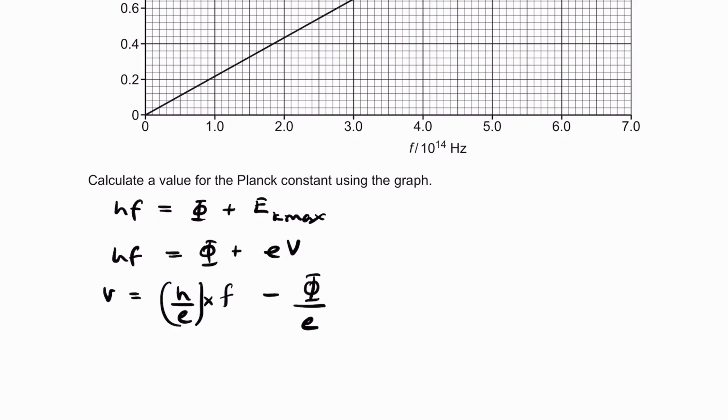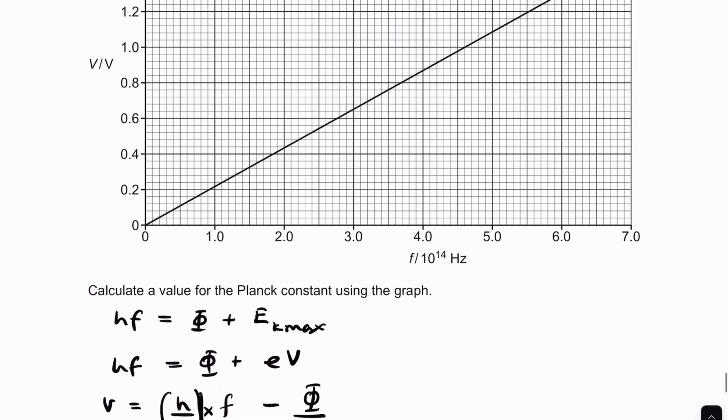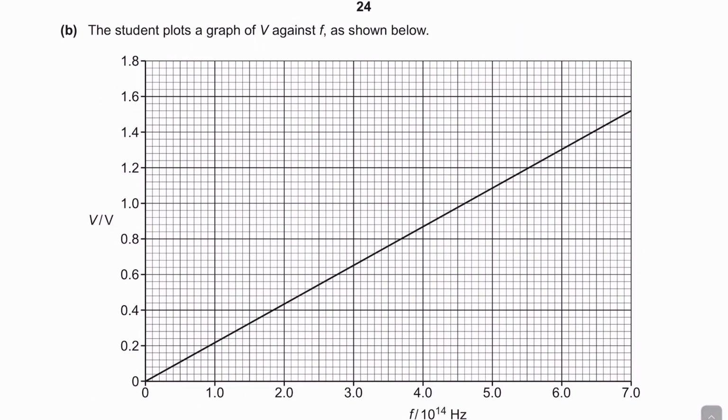So this is now in the form of y equals mx plus c, and we're only interested in the gradient. Let's work this out and see what we get as a value. We have that value right here, and it will be 1.52.